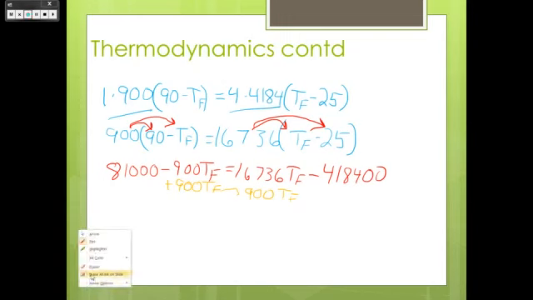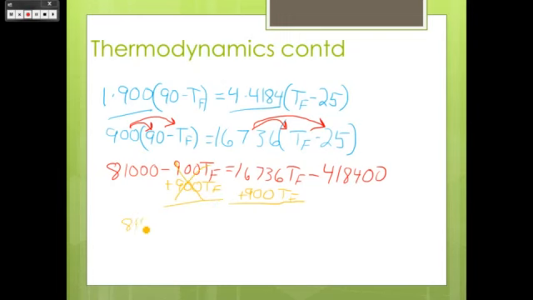Clean this up just a little bit. So doing that here cancels this out.